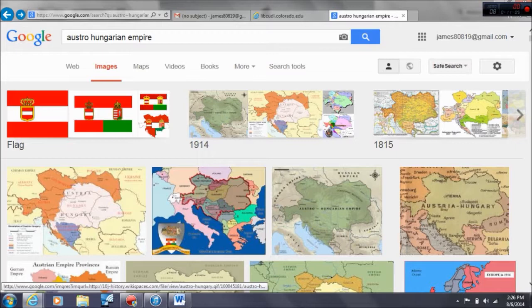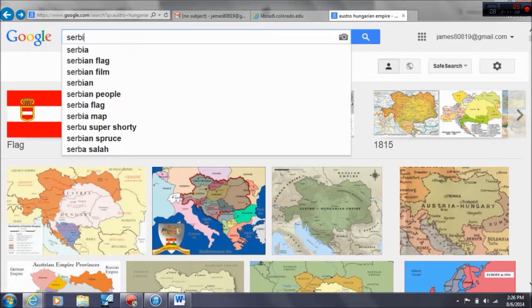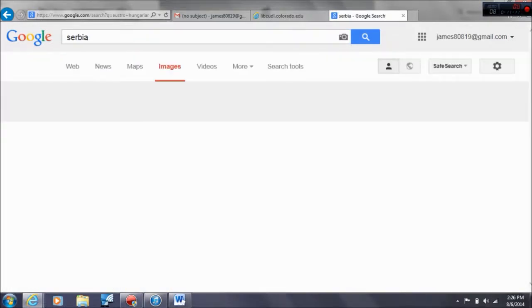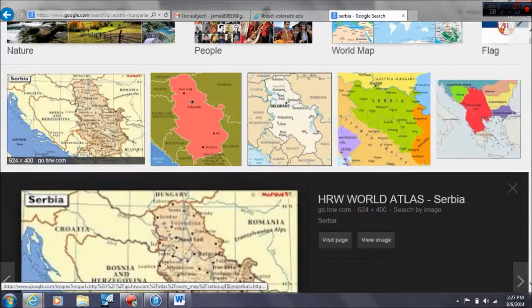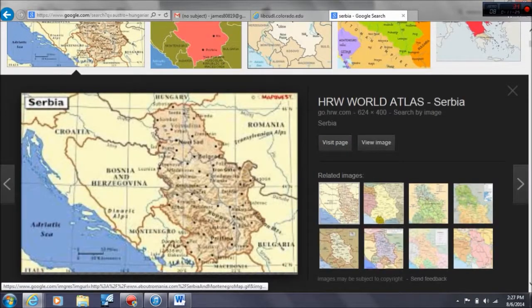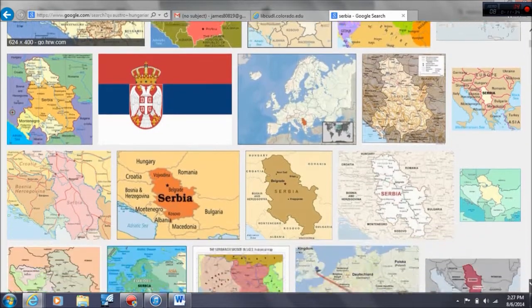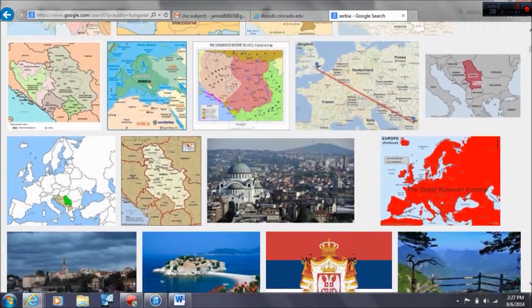If we could look at a map of Serbia, let's see if it pulls it up. The terrain you can see is very rocky in a lot of places. Let's try a different one. That's not a good one exactly. You can look up a map of Serbia if you're listening to the podcast, or you can just simply listen.